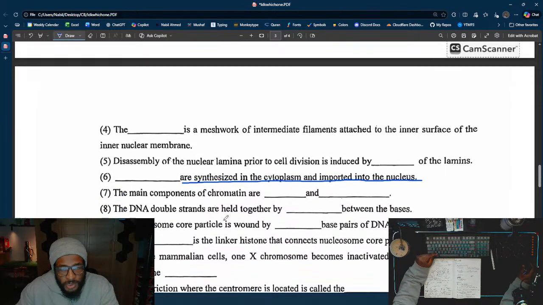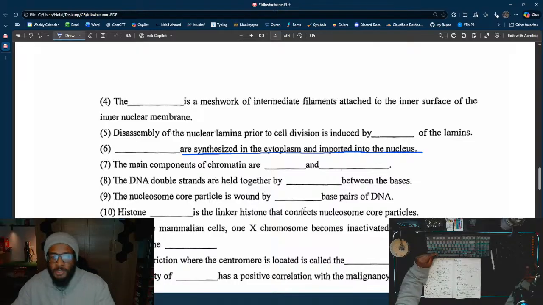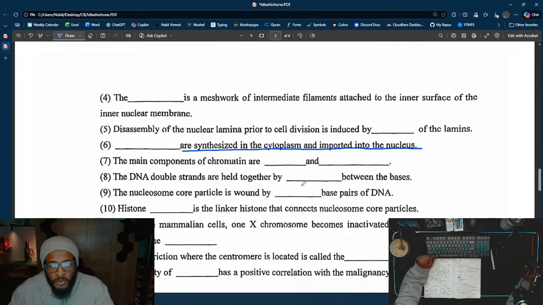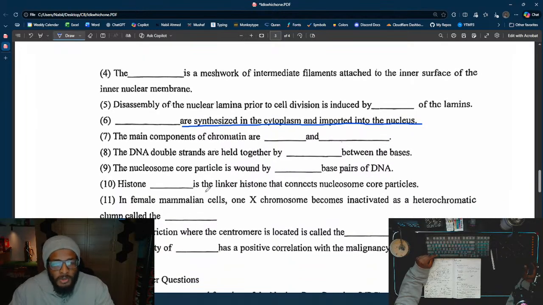The DNA double strands are held together by hydrogen bonds between the bases. The nucleosome core particle is wound by 146 base pairs of DNA. Histone 1 is the linker histone that connects the nucleosome core particles.